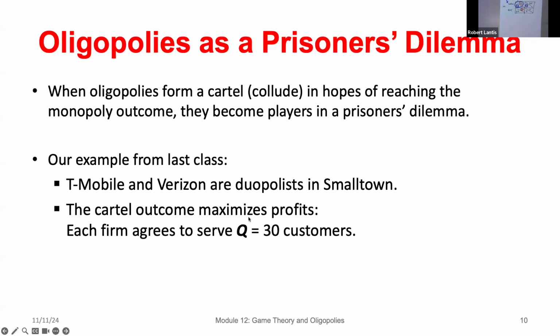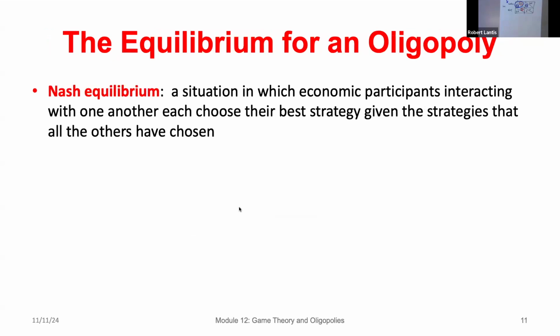Let's say we know that if we restrict quantity, if we move to a lower quantity, consumers are willing to pay a little bit more. So we might have these two companies agree to work together and not sell to as many customers. They agree to 30 customers, right? You can think about, well, what's the Nash equilibrium going to be?